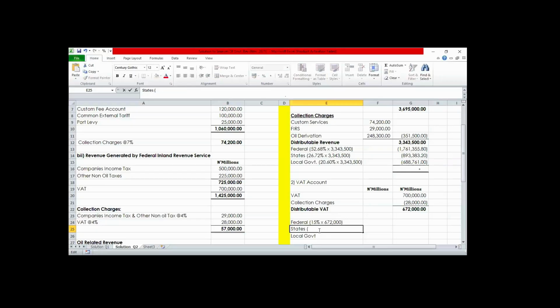The next one, we have what? 50% for state. Then the last one is 35%. Then that will now be deducted from here.